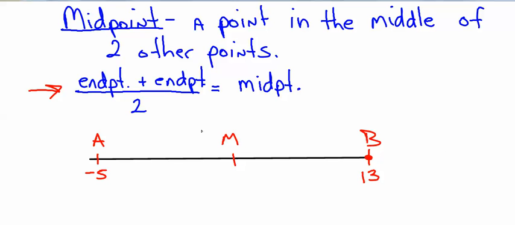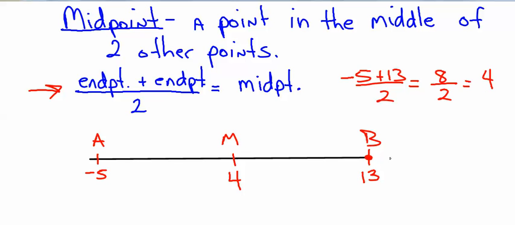Endpoint plus endpoint divided by 2 equals midpoint. So -5 plus 13 divided by 2 equals the midpoint. So -5 plus 13 is 8 divided by 2 equals. So what's the coordinate of M? 4. Very good.